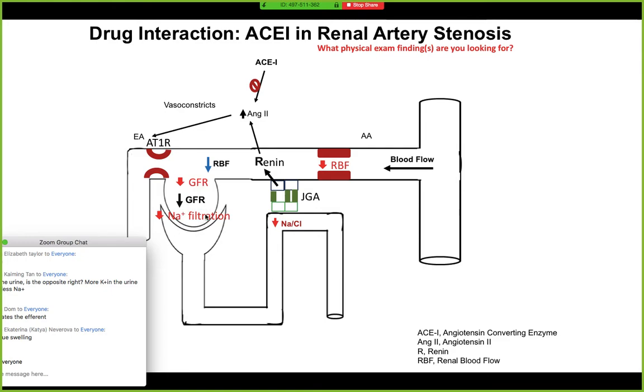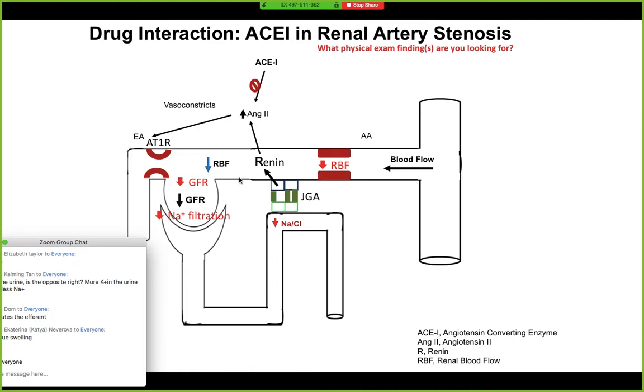So sodium filtration is also going to decrease, and less sodium is going to be delivered to the juxtaglomerular apparatus, and that's going to lead to an increase in the secretion of renin, and then go through your pathway and eventually an increase in the amount of angiotensin 2. And then angiotensin 2 mainly has receptors on the efferent arteriole. So angiotensin 2 is targeting the efferent arteriole, resulting in vasoconstriction.